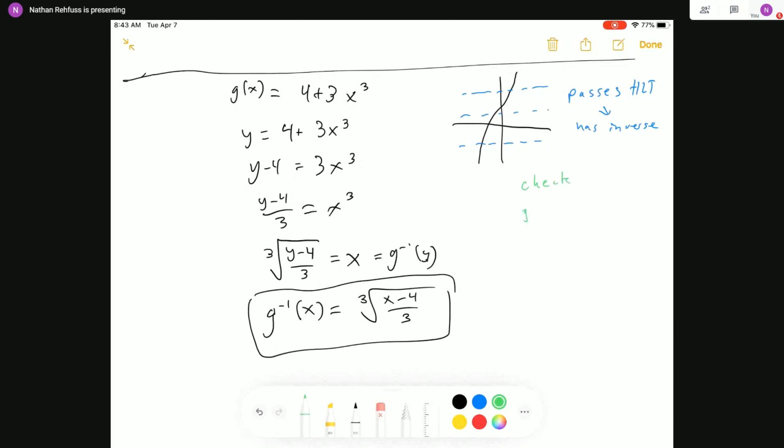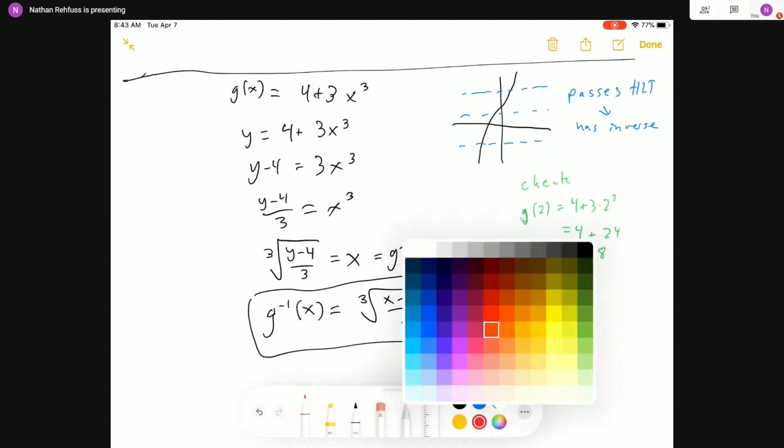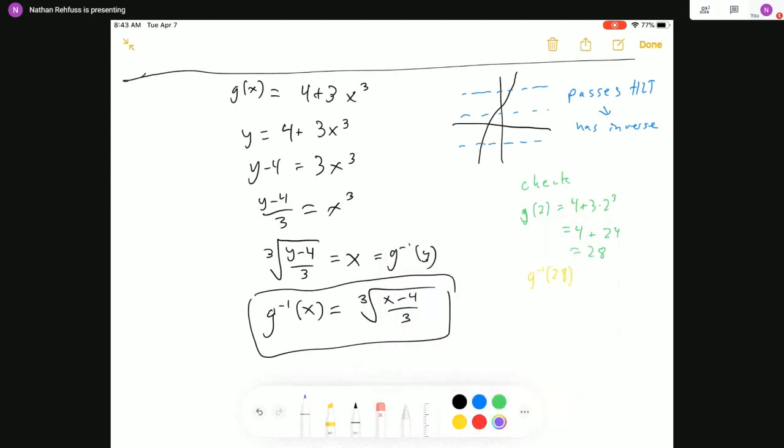If I take, say, g of 2, that's 4 plus 3 times 2 cubed. And that's 4 plus 3 times 8 is 24. So that's 28. So that means if I take g inverse of 28, I'm expecting to get 2.